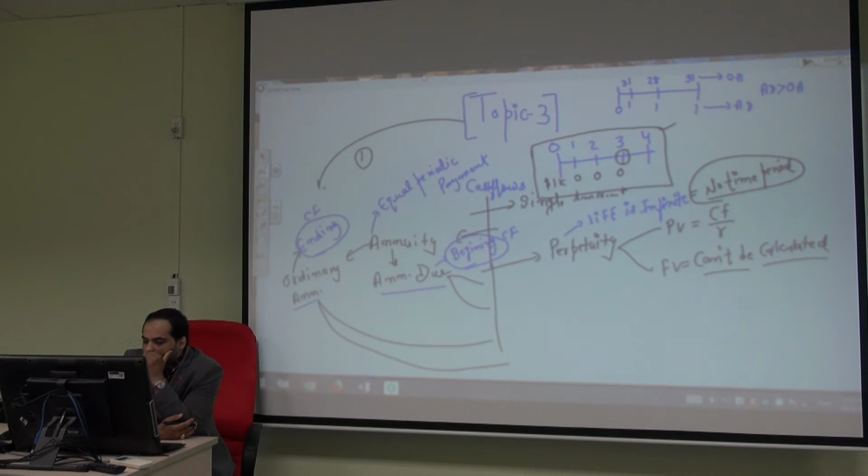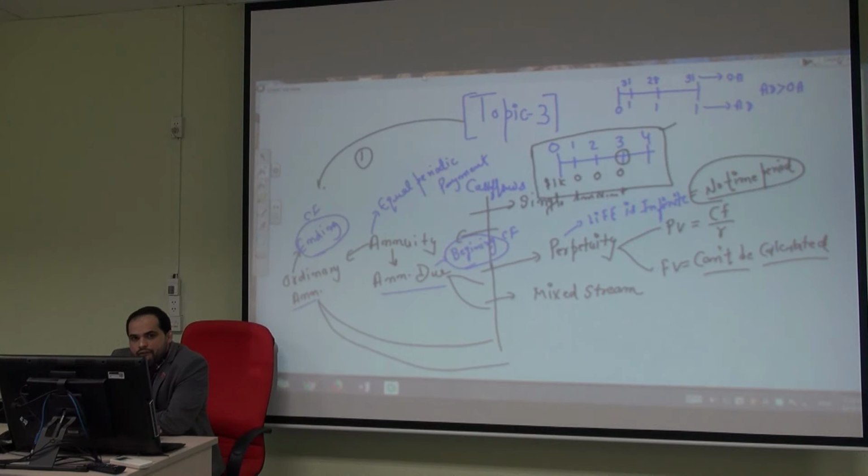So that's all about your third cash flow, which is perpetuity. Now we move on to the last cash flow, which is a mixed stream. Mixed stream means when you have unequal periodic payments.